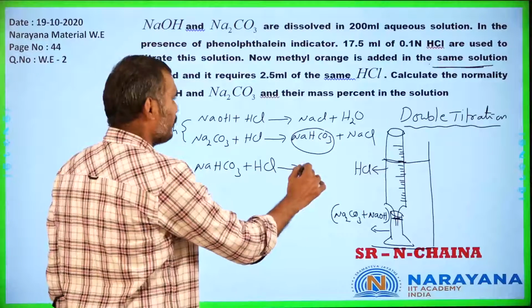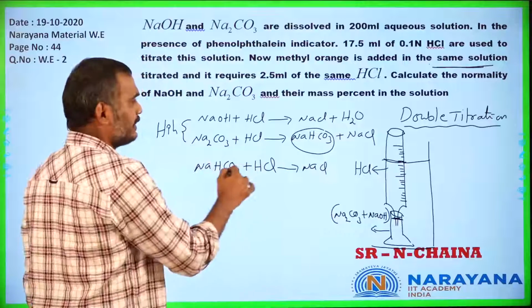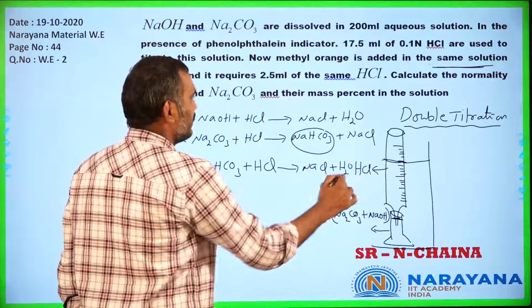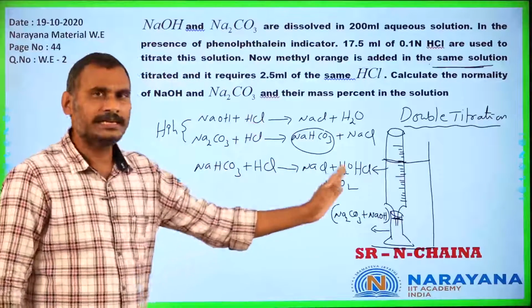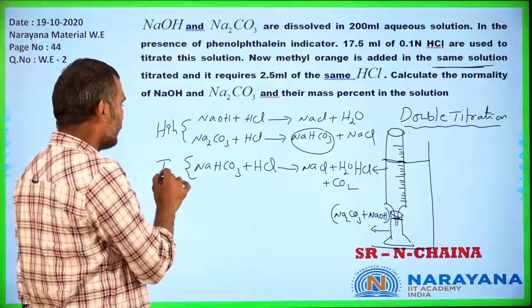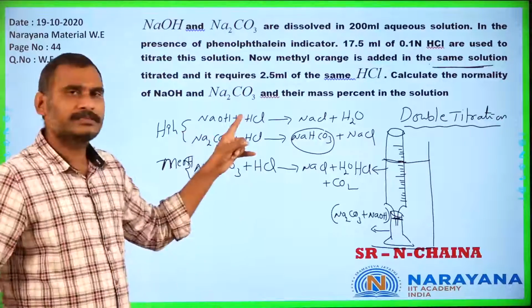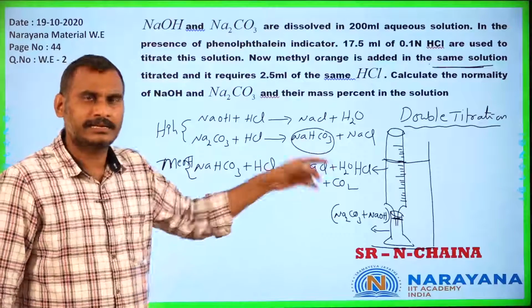Then it becomes NaCl. That is, NaHCO3 reacts with HCl to give NaCl, water plus carbon dioxide. So complete neutralization takes place for the given mixture. This can be identified only with methyl orange indicator. Phenolphthalein indicator we have used here, and methyl orange indicator we have used here.